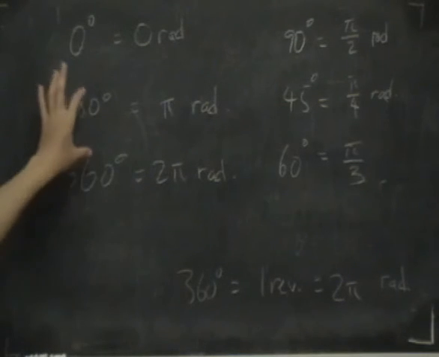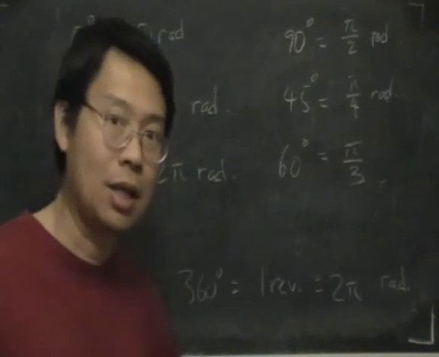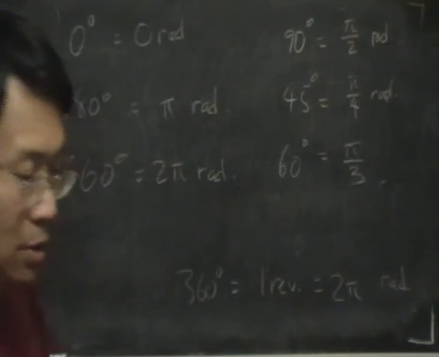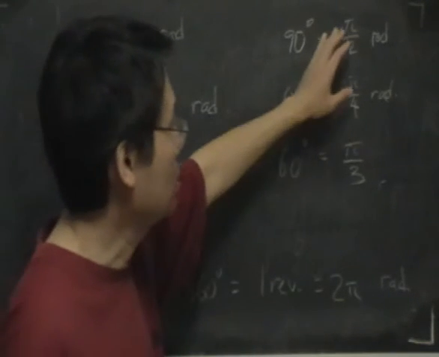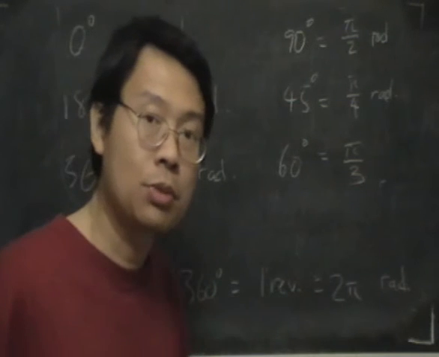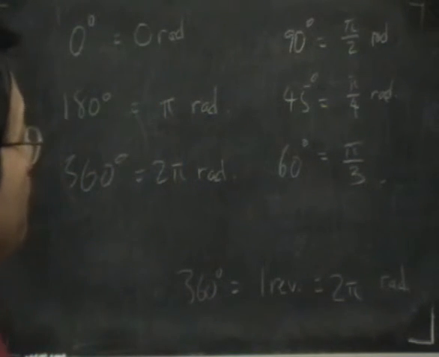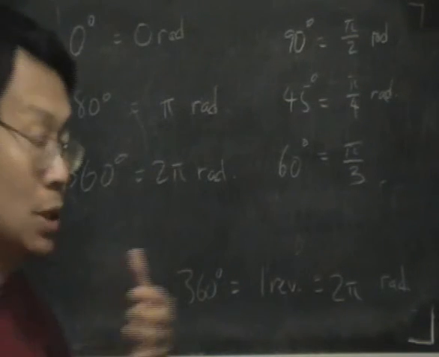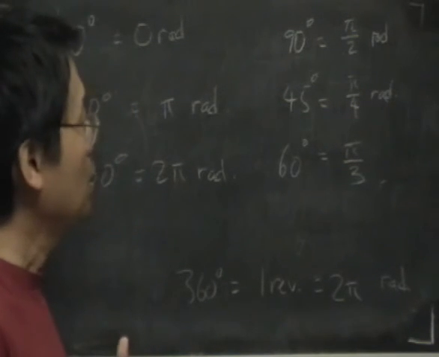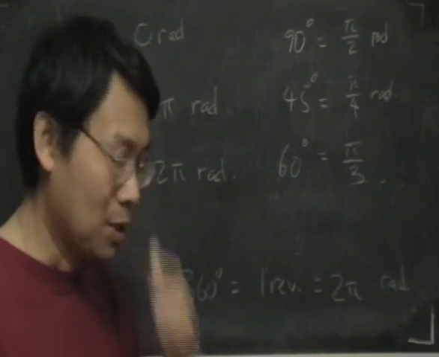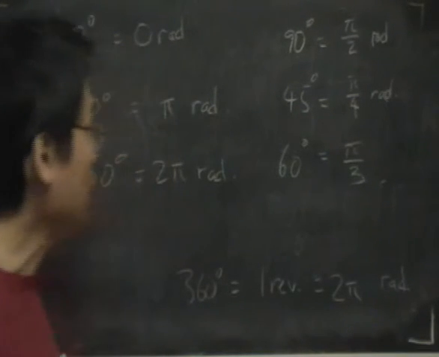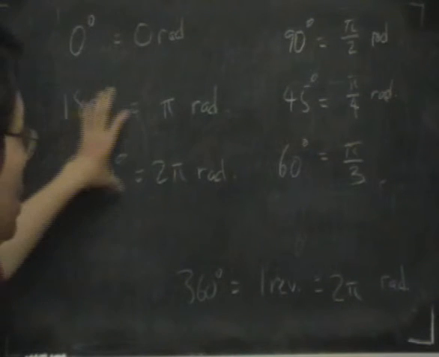So these are the common angles that you're likely to see in your course, and the corresponding radians. Because you might have to use these relations quite often, it could be useful to remember them. But if you cannot, not to worry, you can always work it out quite quickly.